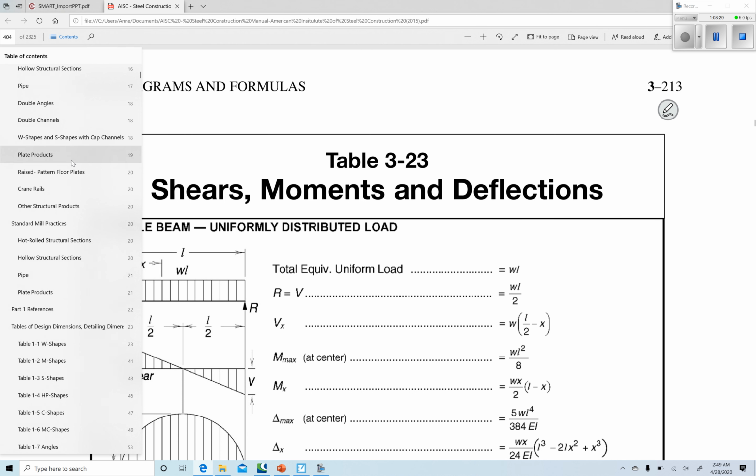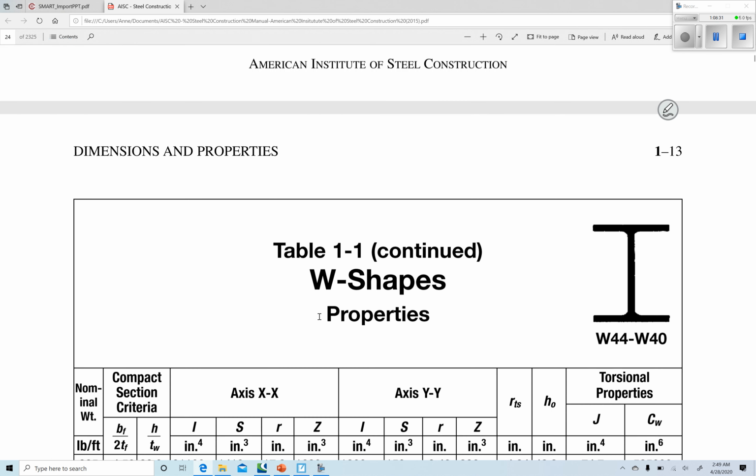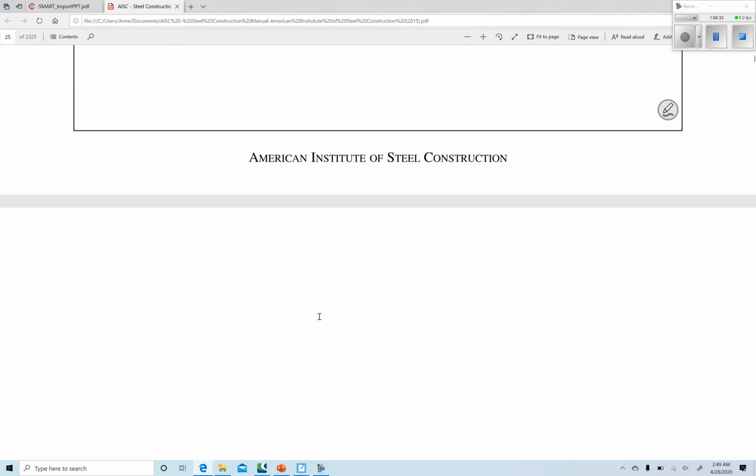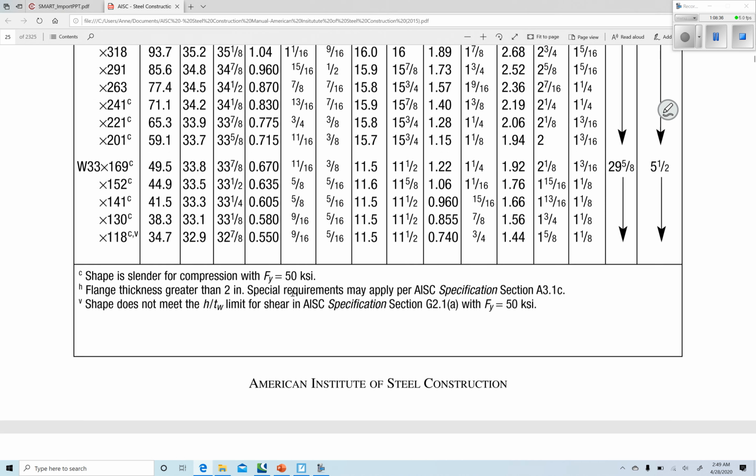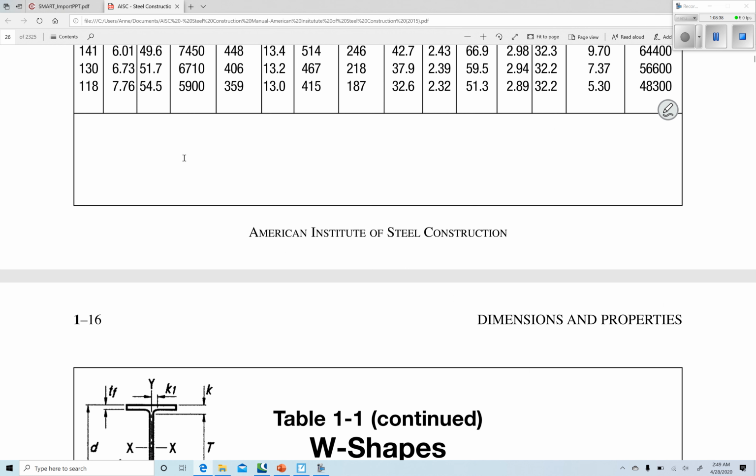Let's see. W shapes. Looking for a W12x50 on page 1-26.